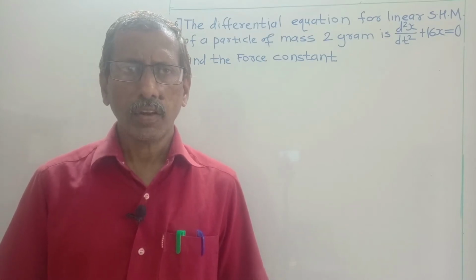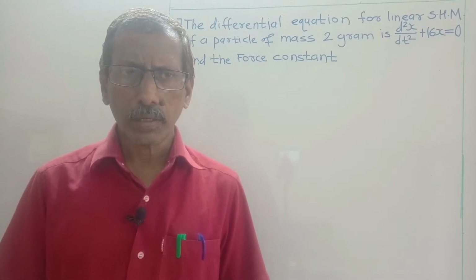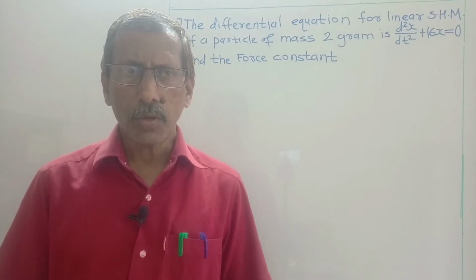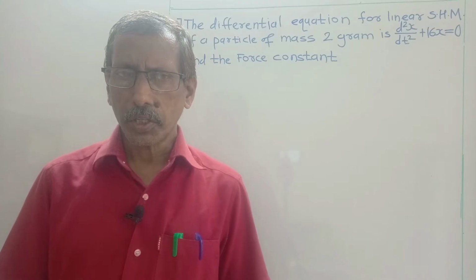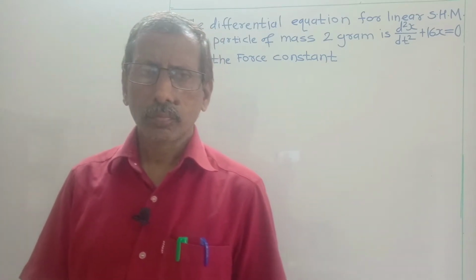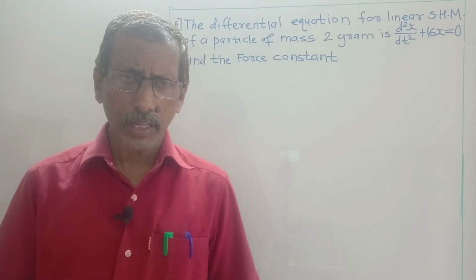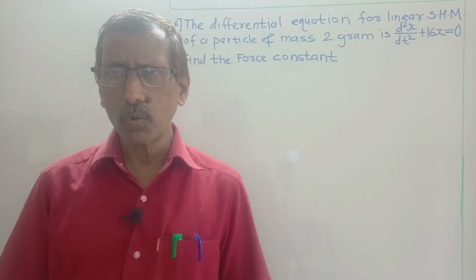We find the value of k by using two types of problems. K is equal to F by x. Here F and x both are given, then we substitute their values and find k.